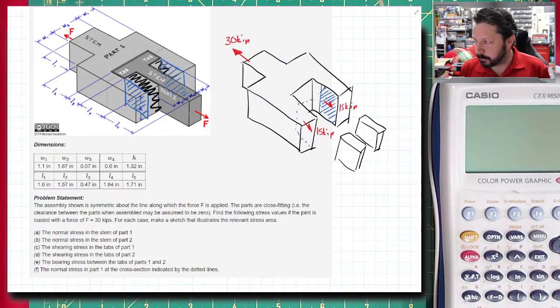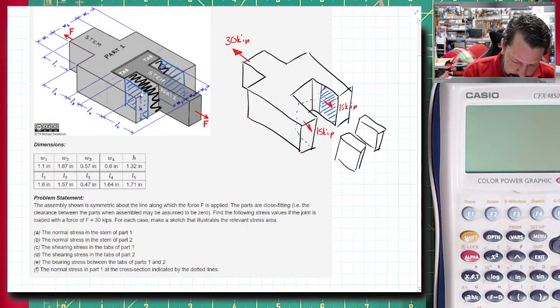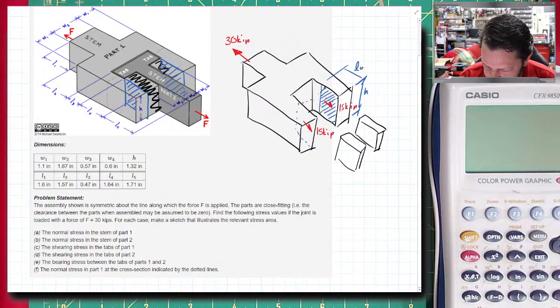So the area is labeled as, I don't see the thickness on here. Oh, it's H. It's covered up in all of this stuff. H would be this dimension, and this dimension is labeled as L4. L4 for me is 1.6 inches and H is 1.32 inches.